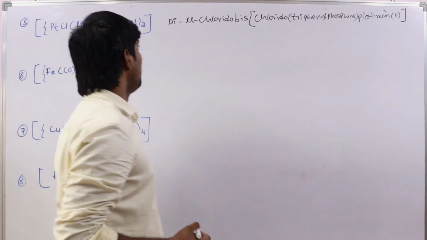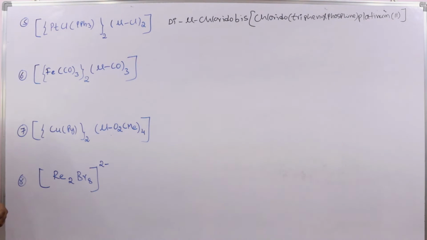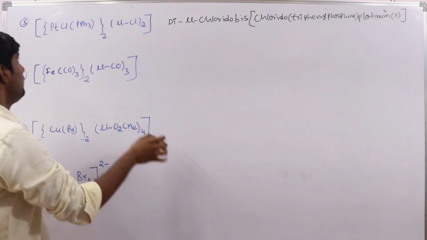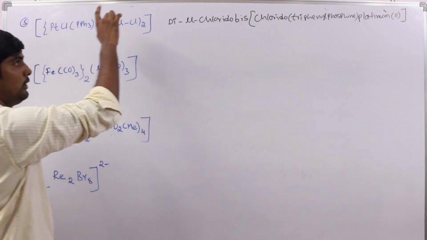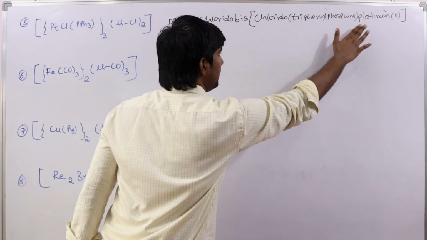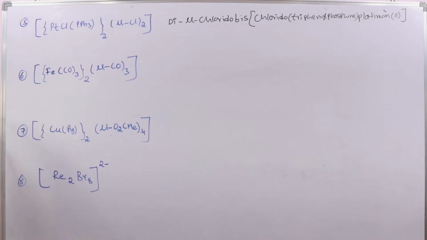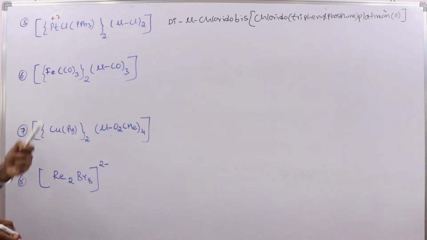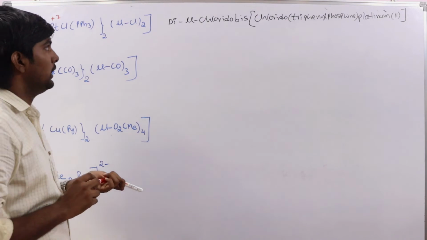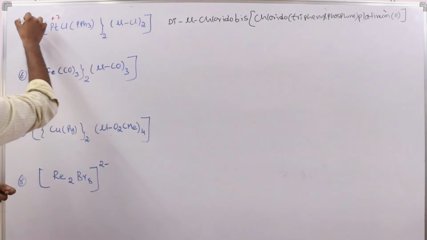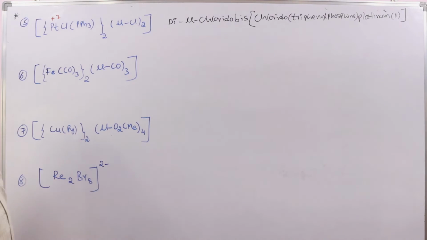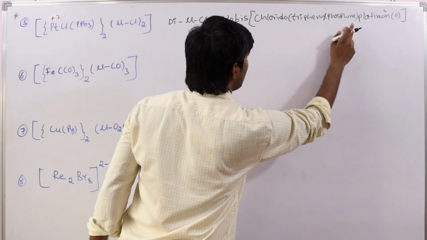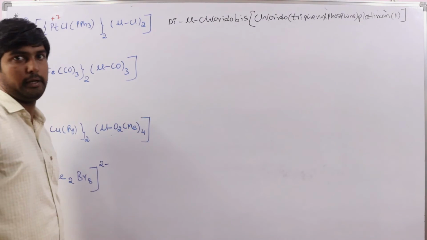So this is the name of this complex in this method: dimuclorido bis chlorido, because here we have 2 ligands, chlorido, triphenyl phosphine, platinum 2. Because it is a neutral ligand, the oxidation state of platinum we get as +2. You should be very careful here. This is also an important complex because we have triphenyl phosphine, and again we are writing it within the brackets.